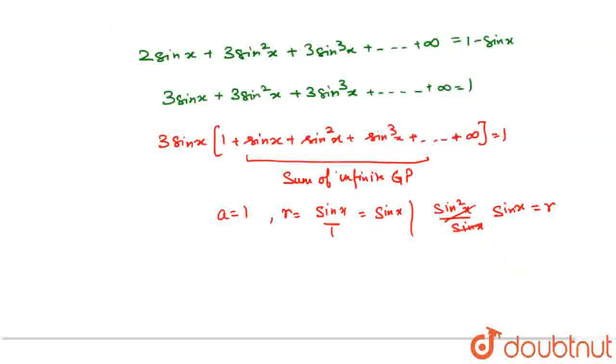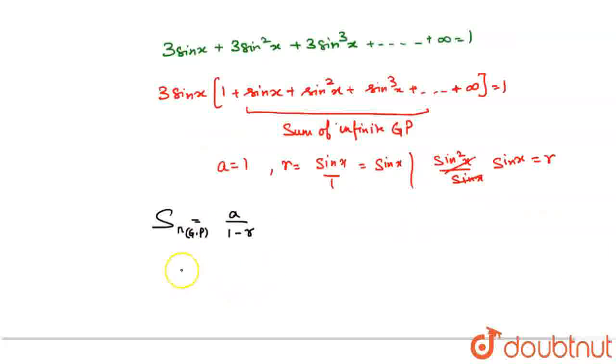So what is the sum of an infinite GP? S of infinite GP is A upon 1 minus R. Correct? So just multiply this. What do we get? We get 3 sin x into A, 1 upon 1 minus common ratio, which is sin x, is equal to 1.